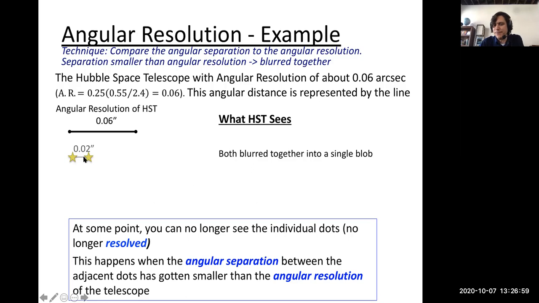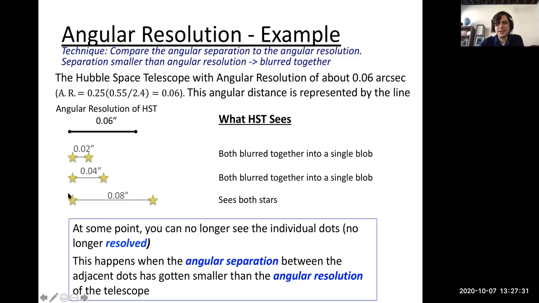They all get blurred together into a single blob that would have a size of 0.06 arc seconds. So in this case, Hubble can't see that these are two separate stars. It sees both stars blurred together into a single blob. At 0.04 arc seconds, sure, they're separated by more, but that angular separation is still smaller than the smallest image that Hubble can make. It's diffraction limited angular resolution. So both stars, again, get blurred into a single blob.